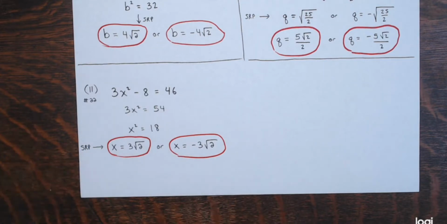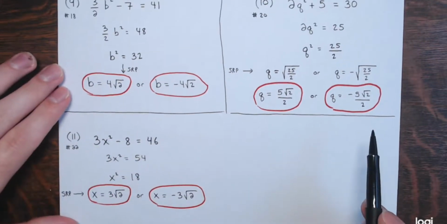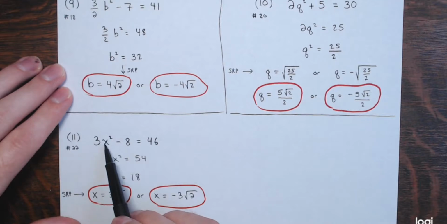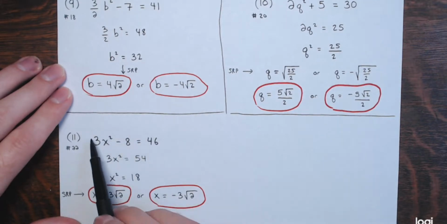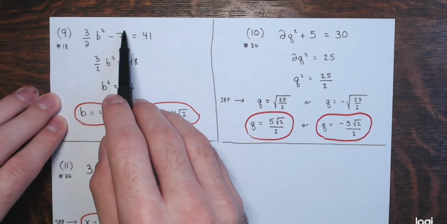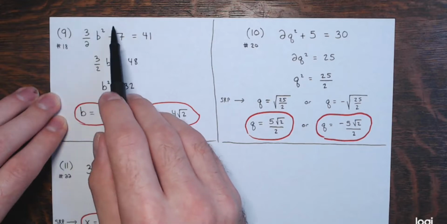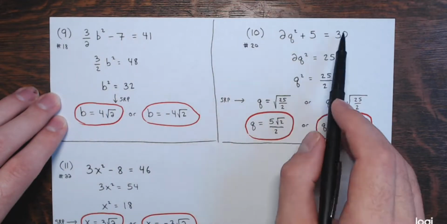Fantastic. So these were all pretty simple examples. In every single one of the examples for this particular video, see how there was a variable in a square and then there were no variables outside that square. Alright, same thing here. B was squared and there was no B outside that square. Here Q was squared and there was no Q anywhere else.